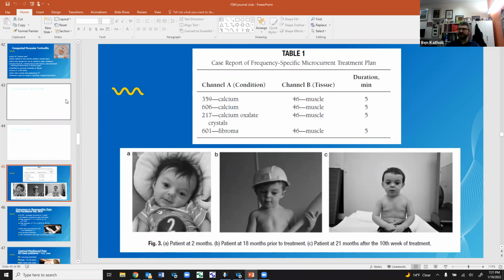So dosing really depends on the condition: neuropathic pain, probably once a week. Hypermobility syndromes, in the absence of other tissue-related issues, once or twice a week.